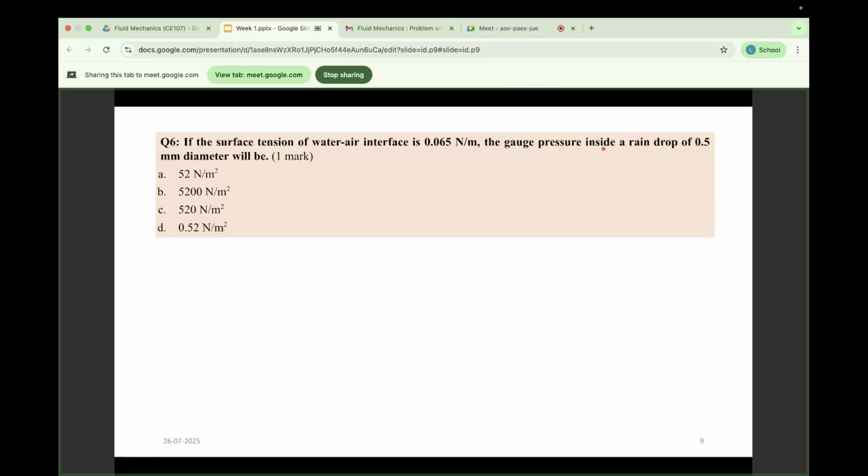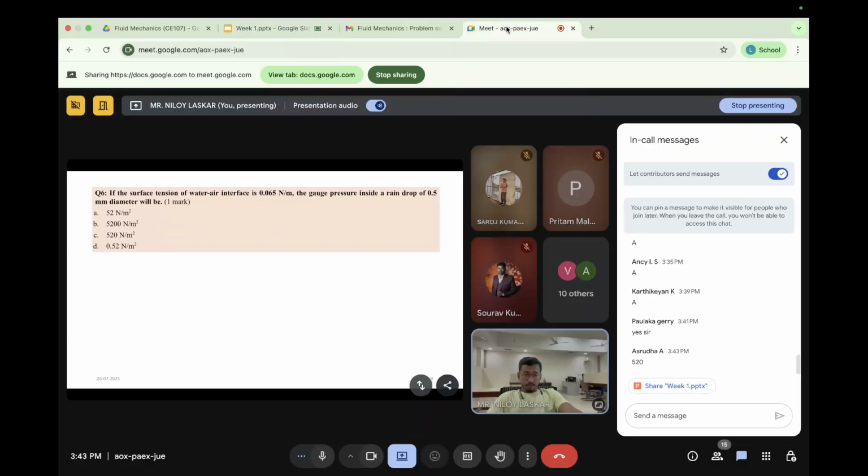That means a liquid droplet always experiences some internal pressure due to surface tension. So the concept is the same. Please try to answer.